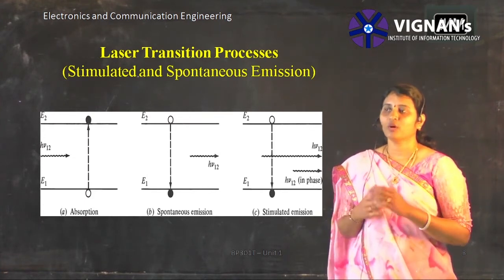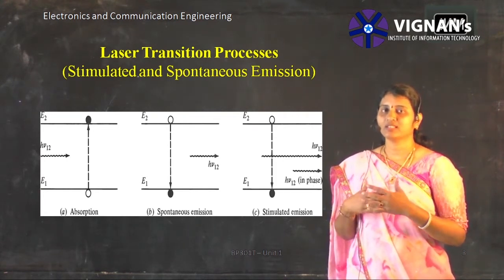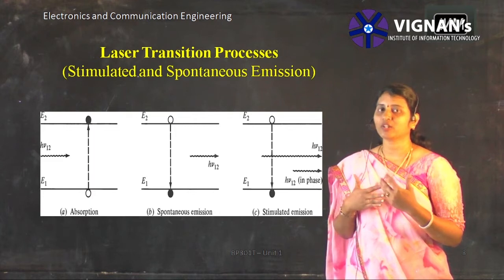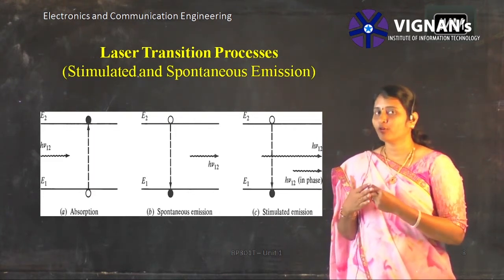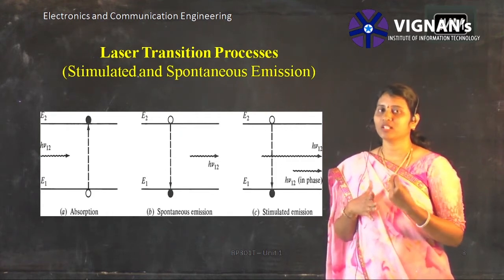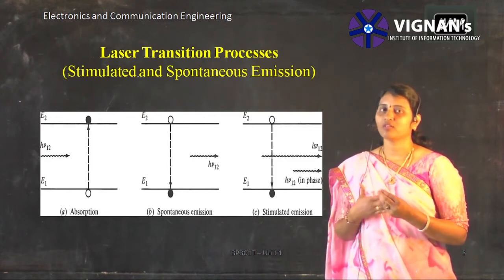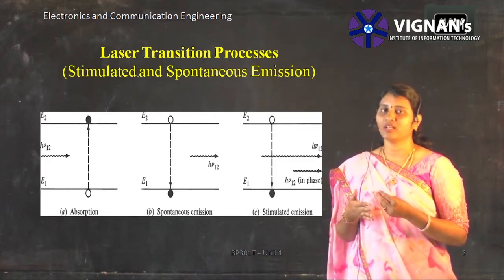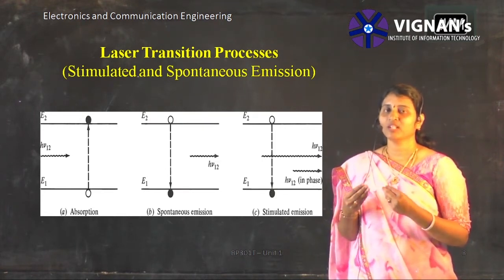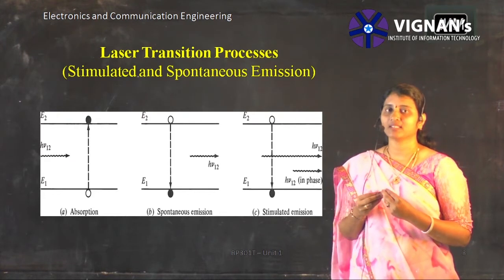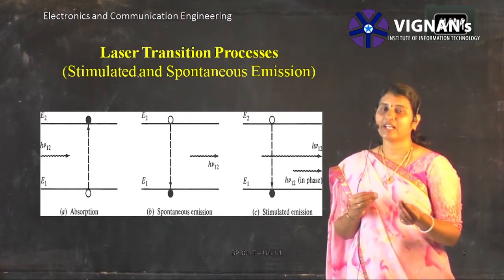After spontaneous emission, which is the random nature of electron-hole recombination, the photon energy that is generated starts igniting the other electrons in the higher energy level to recombine with the holes. So they stimulate the other atoms at the higher energy level to recombine and release another photon.